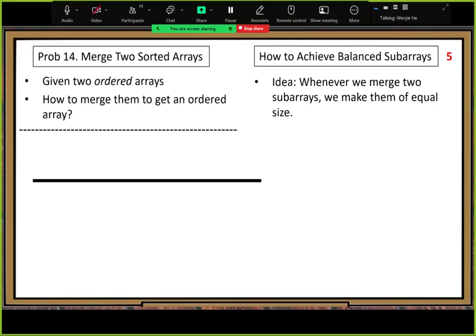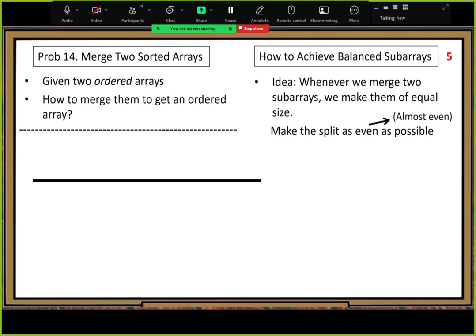Let me use this line segment to describe the even split idea. For this whole array, we do divide and conquer. The first time, we split somewhere in the middle.